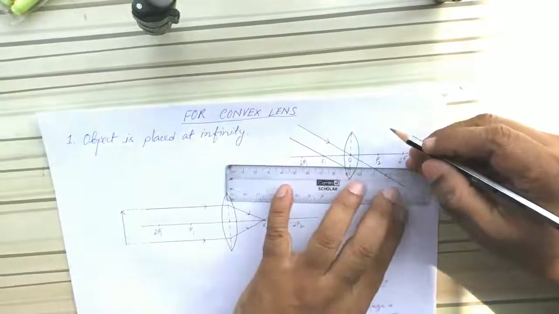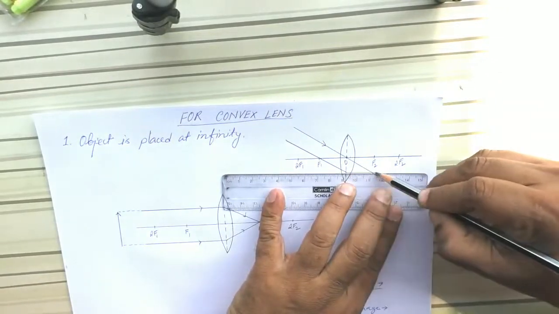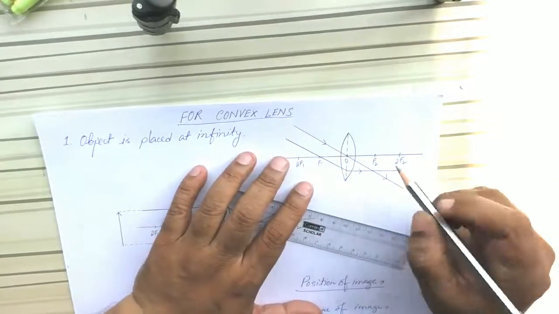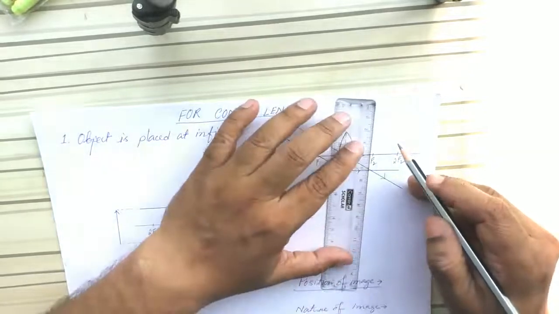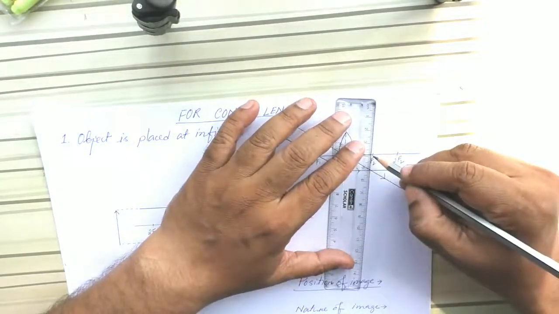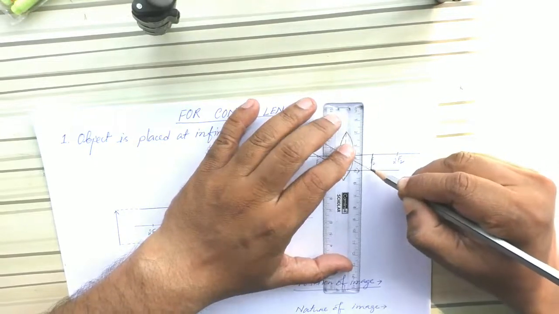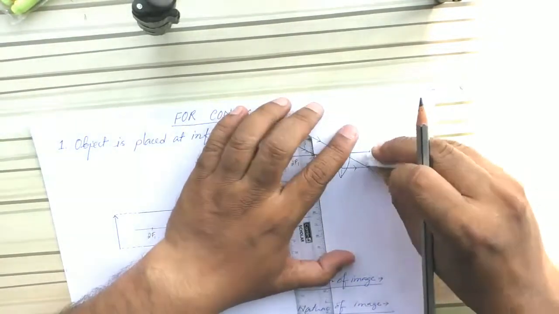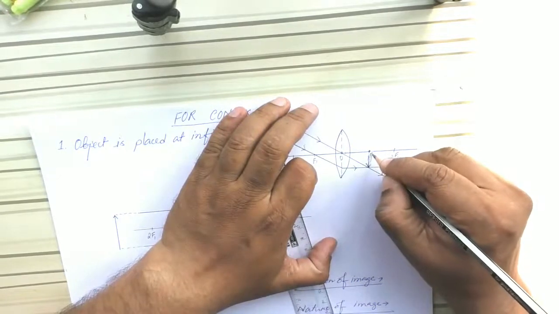After refraction, according to the rule, this light ray will become parallel to the principal axis. So the refracted light rays after refraction, these light rays will meet at a point, and we can draw the image as that point. So the image is formed at focus f2.